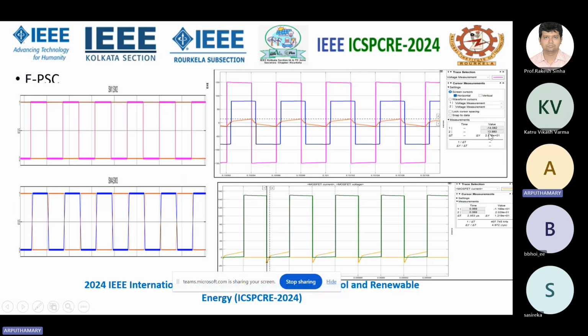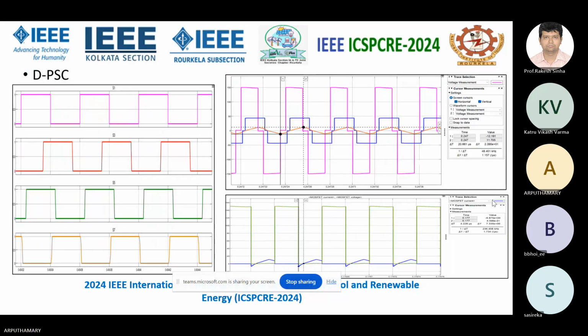Here the value is 13.980 amps for the circulating current amplitude. Similarly, the ZVS range is quite improved compared to the SPS. It is 2.453 microseconds.